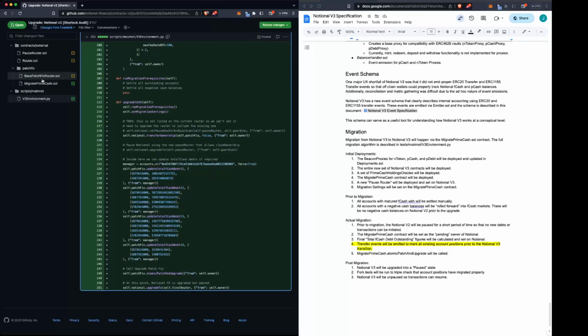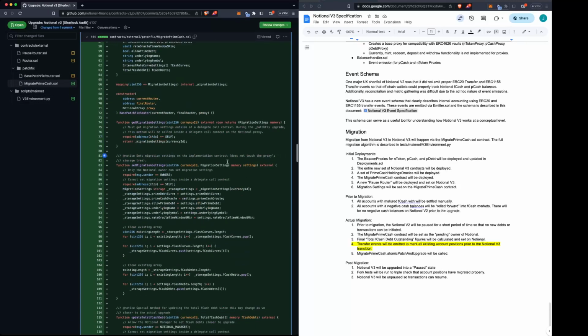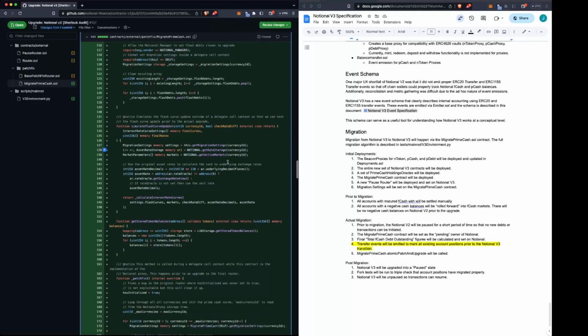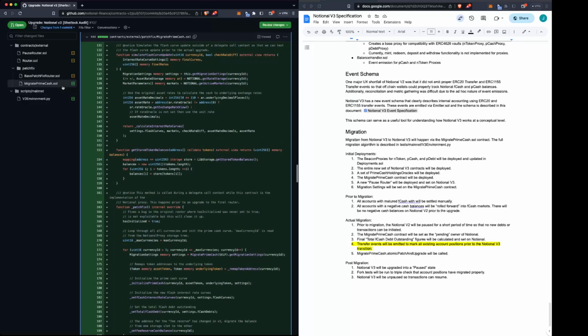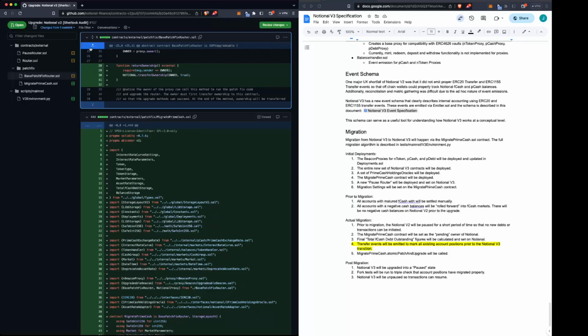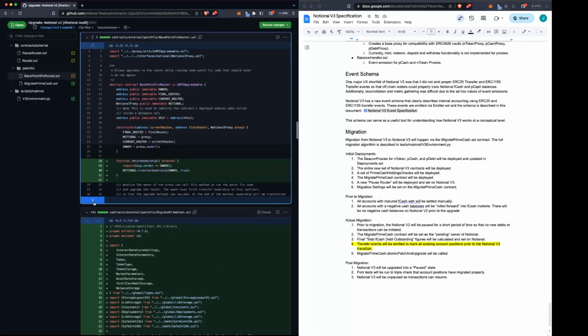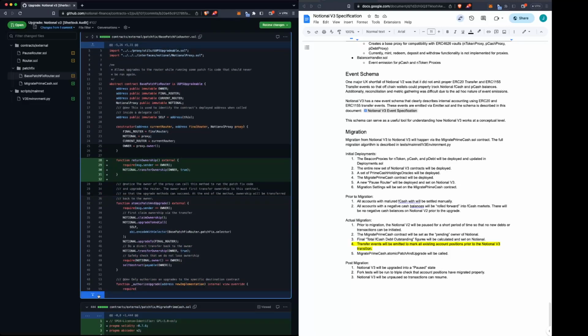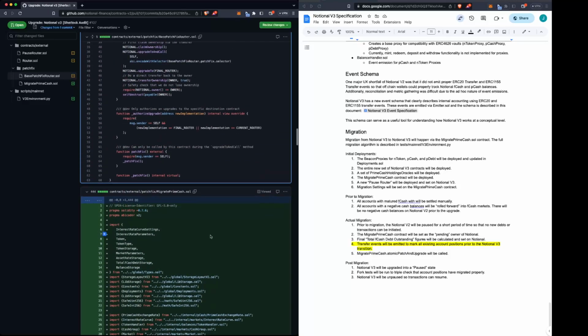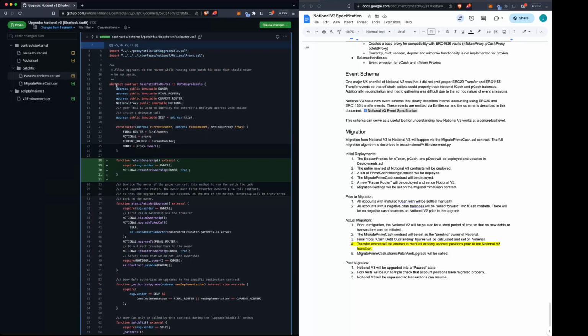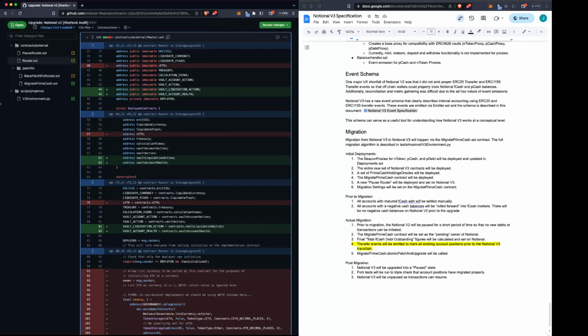Again, you can take a look at this contract, and I'll walk you through what's going on in here. We're going to call this thing that we've used a few times called the patch fix router. The patch fix router is a deployed contract, and it moves Notional from one version of this router contract to another.